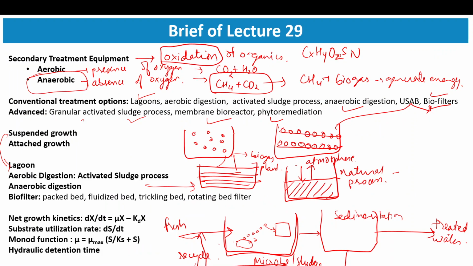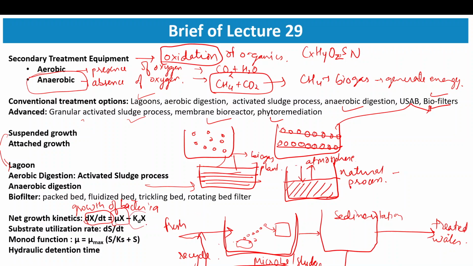Now, for the growth of bacteria, this is dx by dt, which represents growth of bacteria, because you need bacteria to grow by consuming organics. So this rate should be positive, or more and more rate is required. For that, there will be some amount of bacteria generated at a time, which is defined as mu x, and some amount of bacteria will be killed also, depending on the characteristics of water, or natural death.